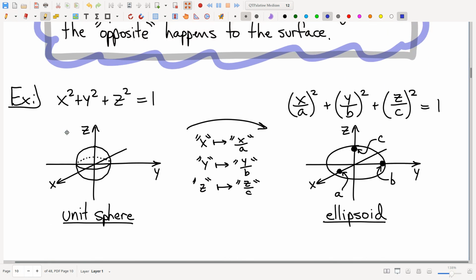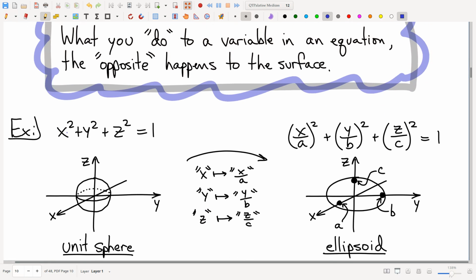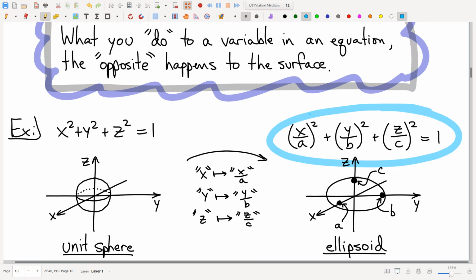So you can see this exact same phenomenon in play in this next example down here. I'm going to come at this example in a slightly different way, a little more real world, a little more relatable. Suppose somebody gives me this equation and says, "Hey, what's that? What is the surface described by this equation?" And the very first thing you're going to do is think, "Oh, I see some x squareds and some y squareds.